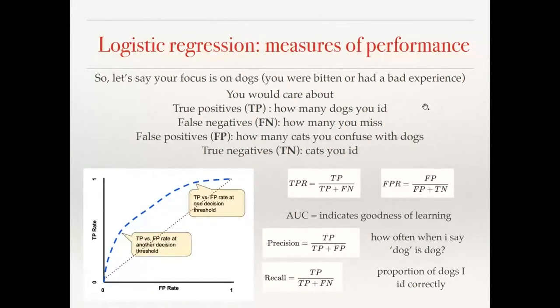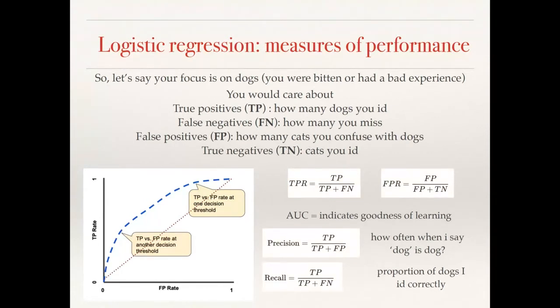So what you will care about is, first, true positives. So from the dogs that are out there you might encounter, how many dogs are you able to ID. You also care about false negatives. So how many dogs you miss. Those are the ones that really worry you. But you also care about false positives.